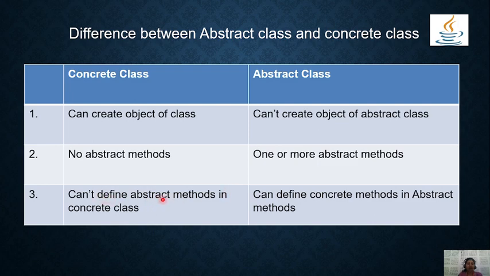We can't define an abstract method in a concrete class, otherwise it will become abstract, because if we have one or more abstract methods in the class, then it should be defined as abstract. In an abstract class we can have one abstract method and all other concrete methods; that is okay.